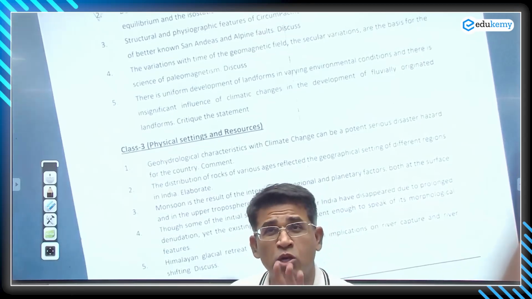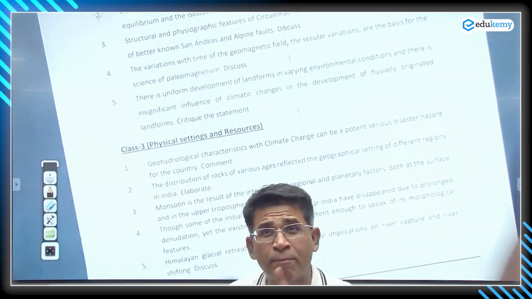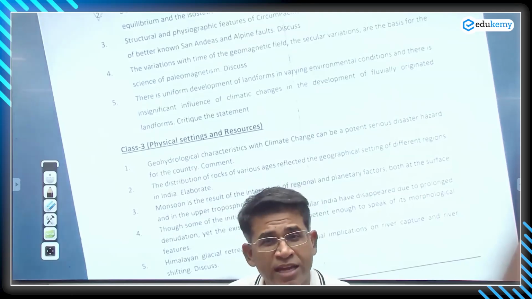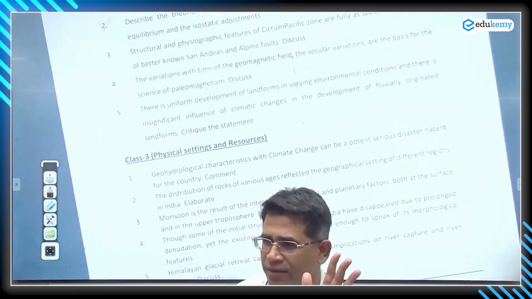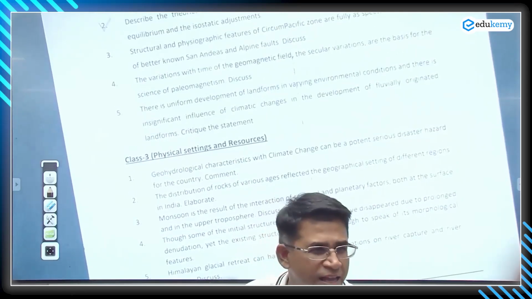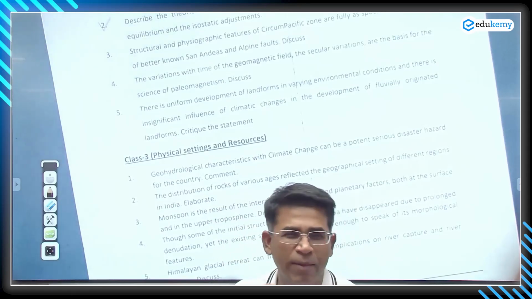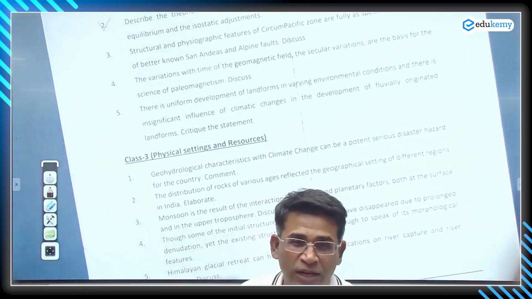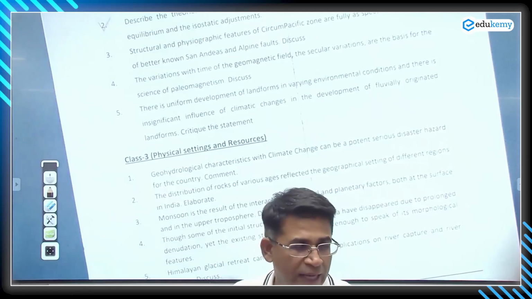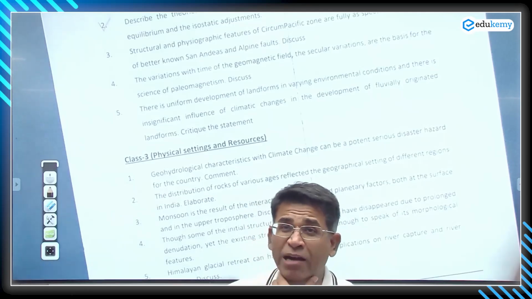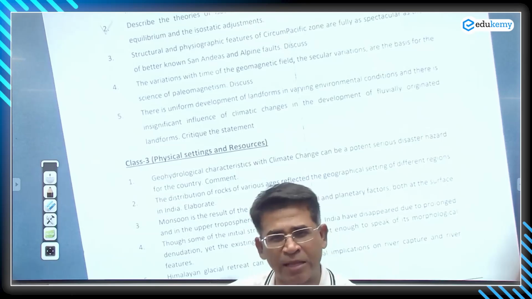The question is not asking how climate impacts. The question is asking climate has no impact. You are in a dry area, a wet area, cold areas, probably warm areas. कुछ भी जगह हो, climate has no impact. There's insignificant impact of climate on fluvial landforms. मतलब क्या है?